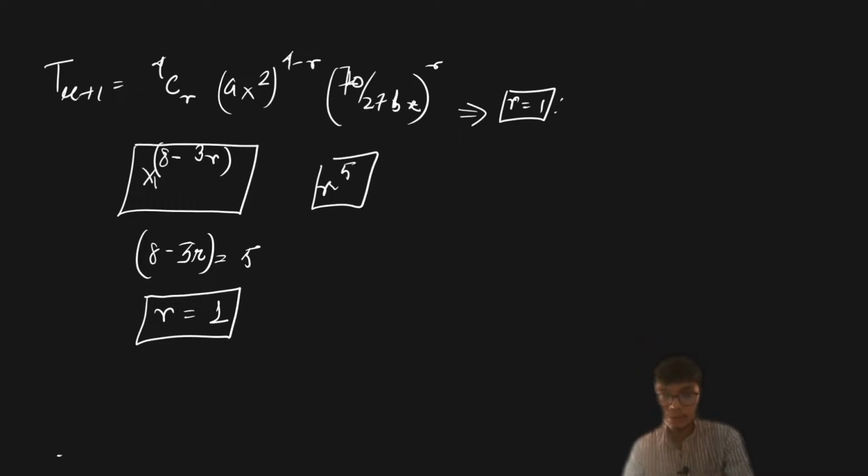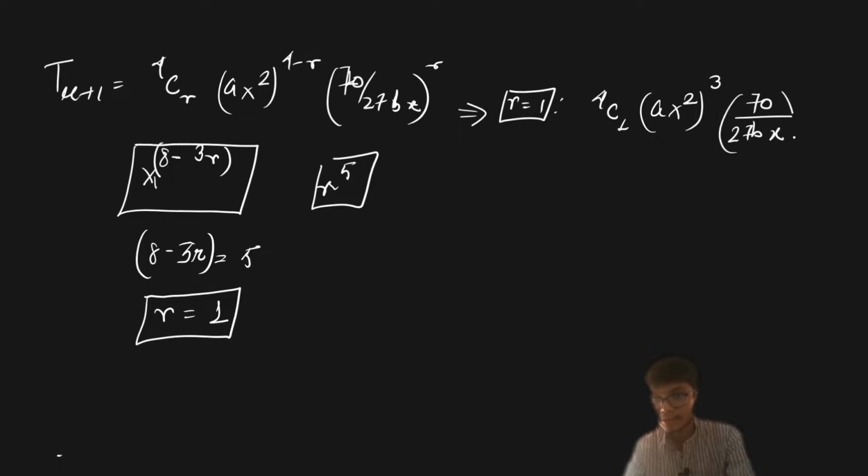I will get the term as 4C1 (ax square) whole to the power 3 and then 70 upon 27 bx. So the coefficient of x to the power 5 will be 4C1 a cube into 70 by 27b.